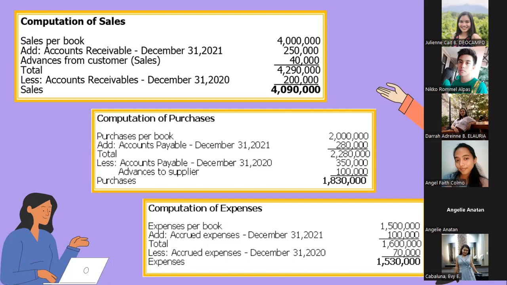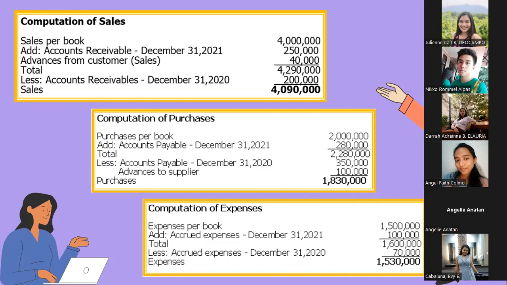Then for the computation of purchases, our purchases per book is 2 million, as given in the problem. Then we add accounts payable December 31, 2021 of 280,000. It is from our entry number 3, wherein we debit purchases and credit accounts payable.